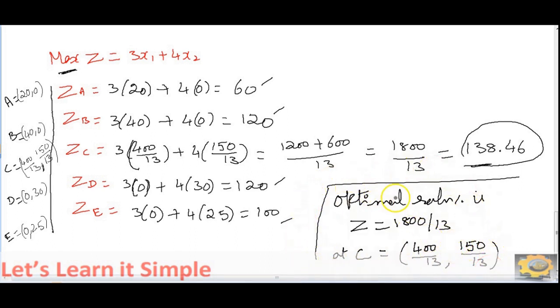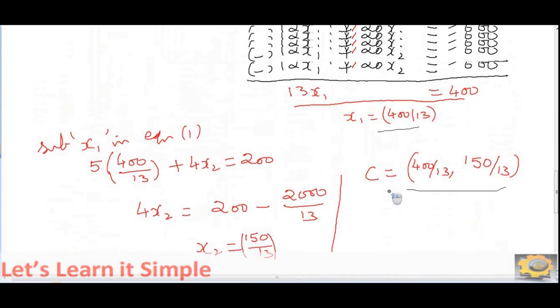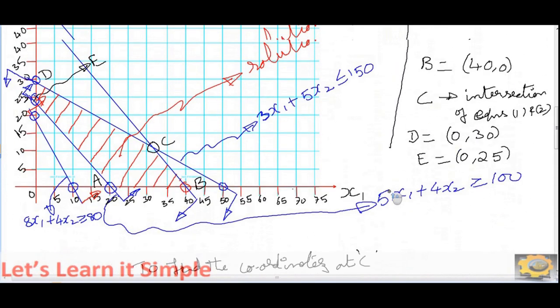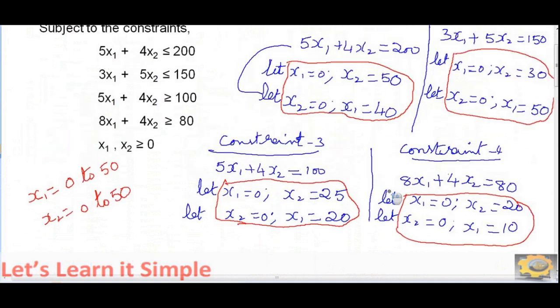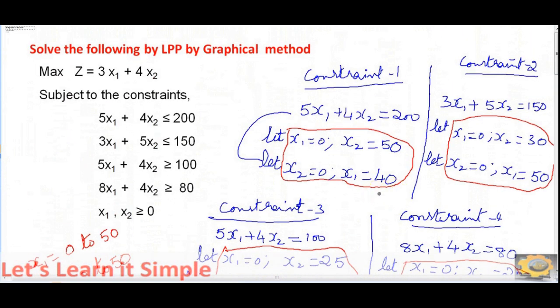This is the optimal solution for the given LPP by the graphical method, which has multiple constraints, with less than as well as greater than or equal to symbols.